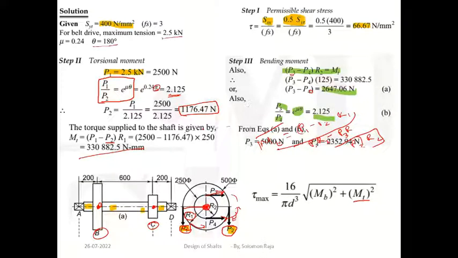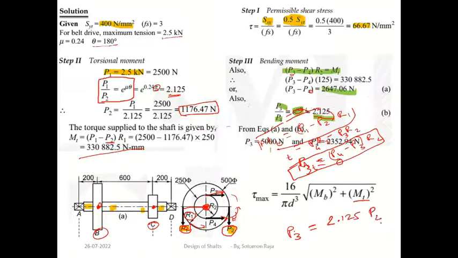Now I have the format P3 equals 2.125 P4. Substitute this value here.